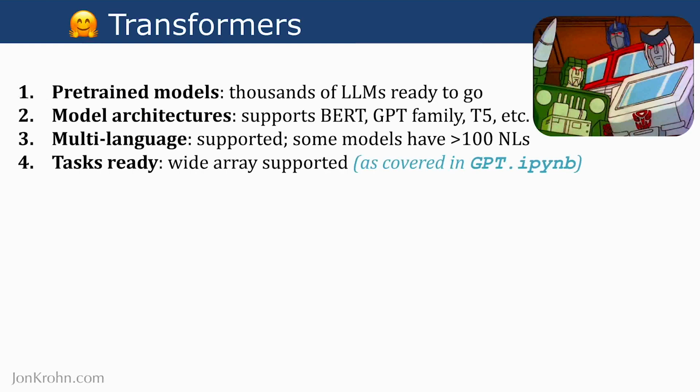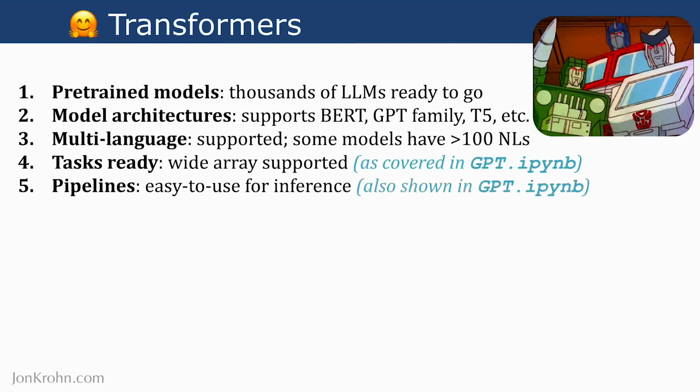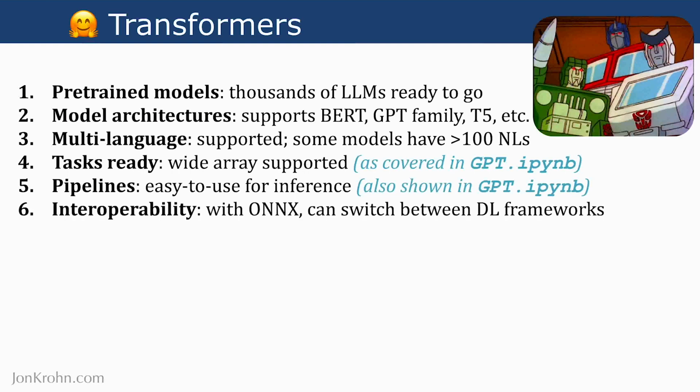And then with other kinds of models like the T5 that we used, you had all these different kinds of tasks supported inherently by the model. The pipeline object is super easy to use for inference. We already went over that. I'm not going to go over it again, because there's too many other things to cover, but it's a super useful tool for very easily doing inference.